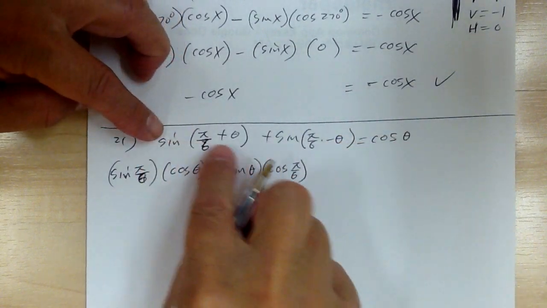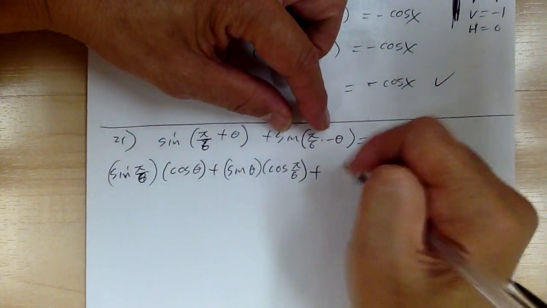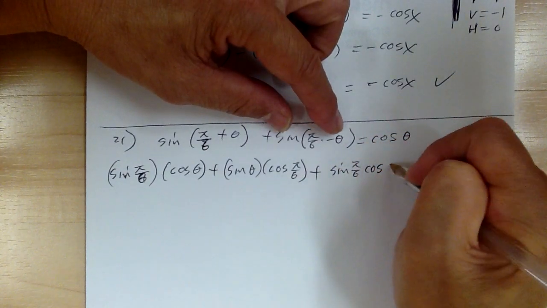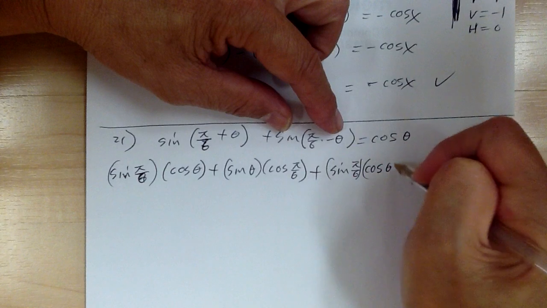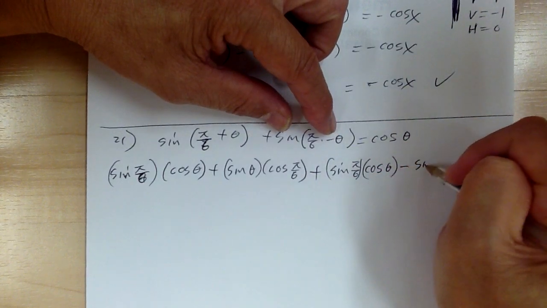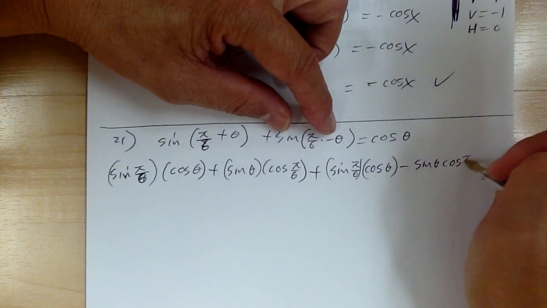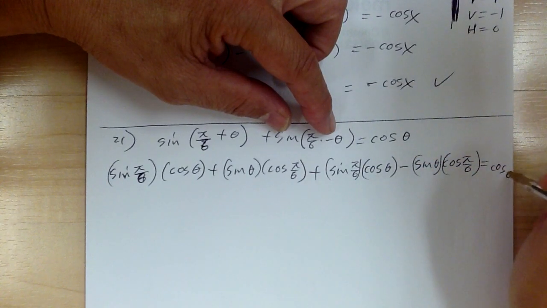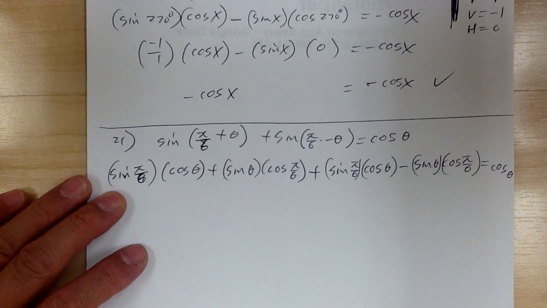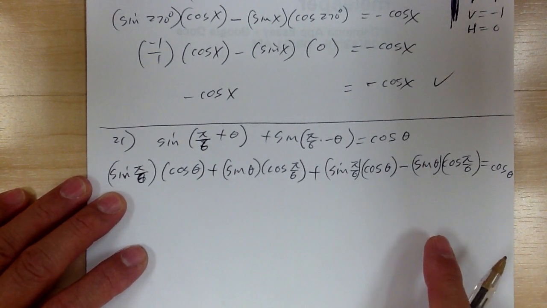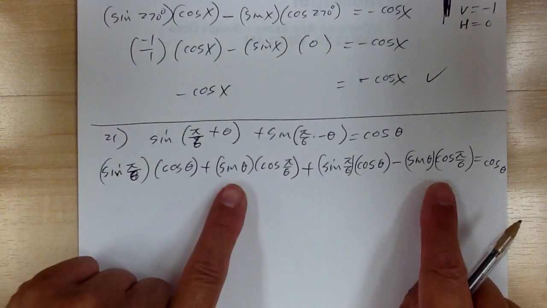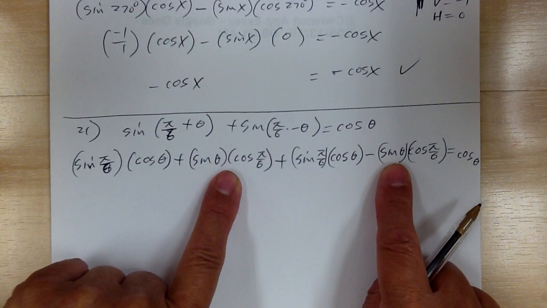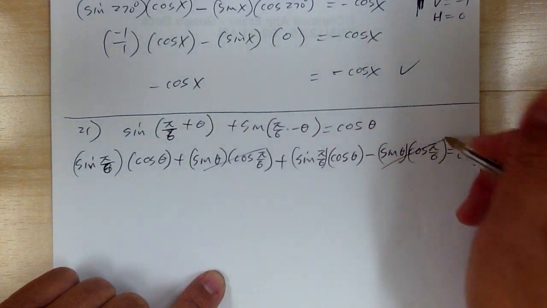That is for this one here. Plus this one over here: sine pi over 6 cosine theta minus sine theta cosine pi over 6, equal to cosine theta. Now, when you check, notice that these two are identical, so this will cancel out.